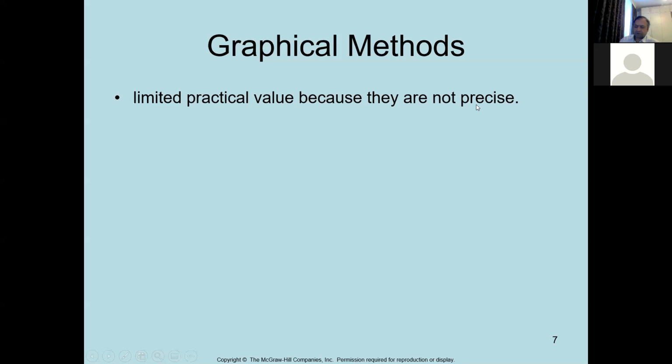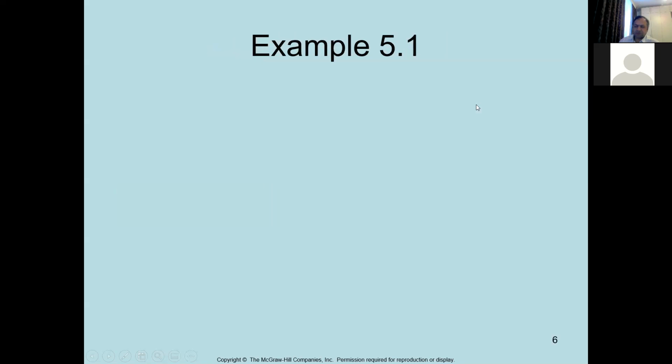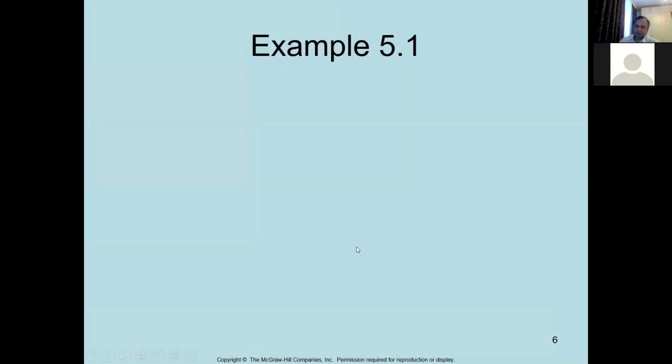So for example, in the previous case, one person may measure the value of the solution to be 14. The other person may measure it to be 14.25. Another person may measure it to be 14.6. So although the solutions may not be very much different from each other, there will be some level of imprecision in the different measurements in this method.